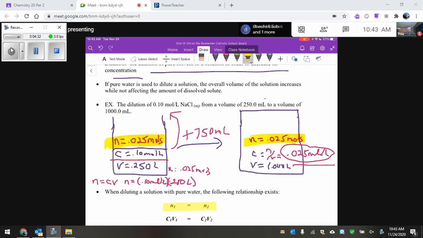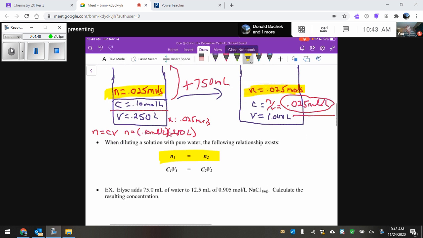So the initial n has to equal the final n. And again, n is equal to C times V. So what they said is, if the initial concentration and volume has to equal the final concentration and volume. So these are the initial conditions, and these are the final conditions. Okay, there.